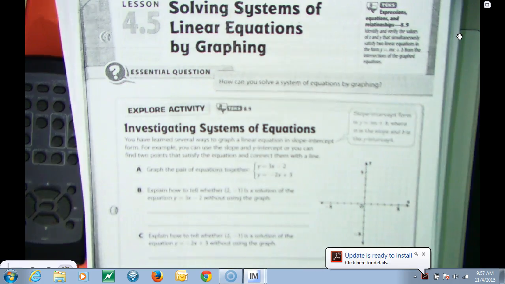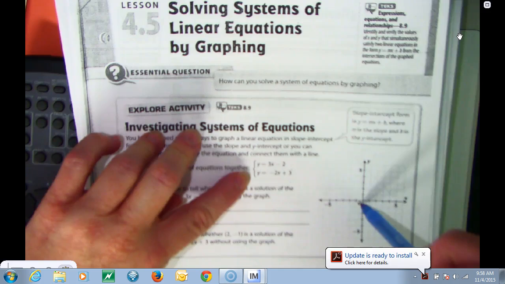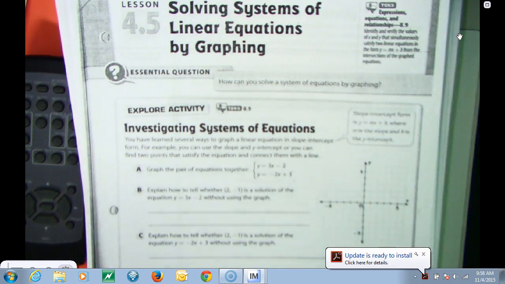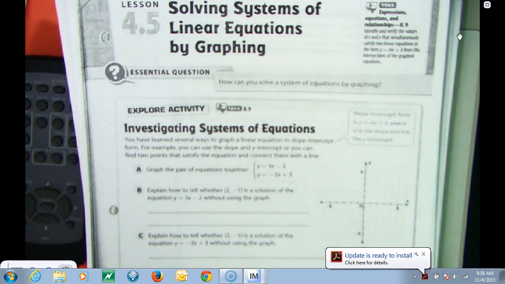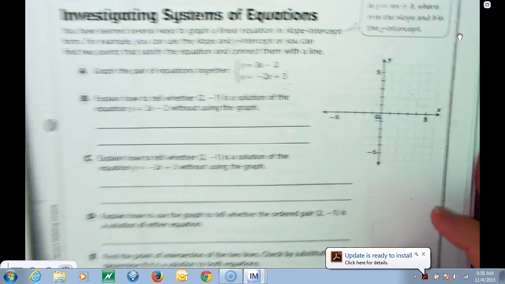We're going to put 2 lines on one graph. We're going to graph 2 equations on one graph, and we're going to find where they intersect, and that's the solution. So it's pretty easy. If you learned how to graph these equations, then you're good.